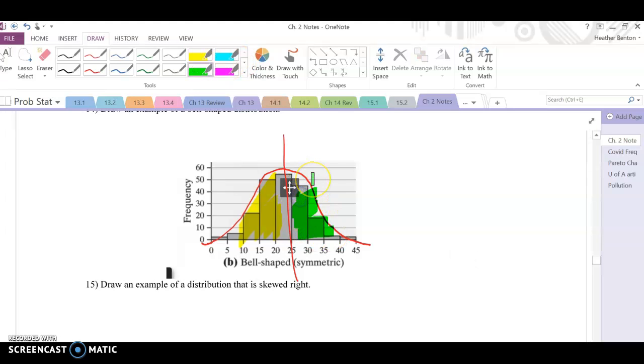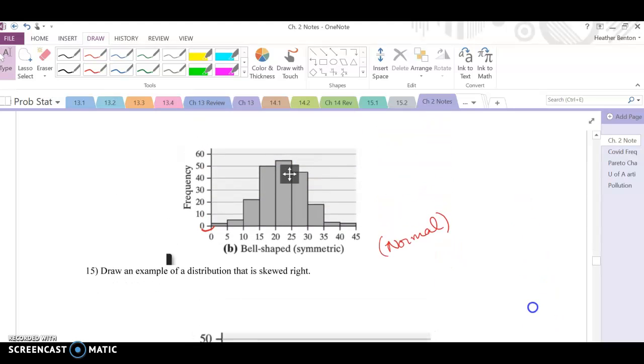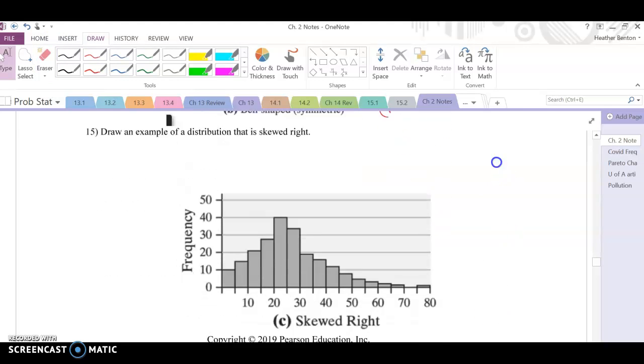Not perfect, but for the most part. Later on, we will also call this normal, just FYI. So bell shape and symmetric do not mean the same thing. Bell shape is this shape. Symmetric means left and right are mirror images of each other.